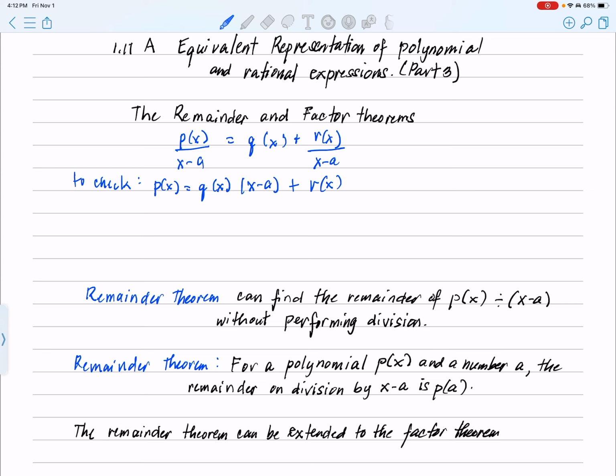So suppose you are given that x is equal to a, and the remainder is a constant r. Okay, r is the remainder.